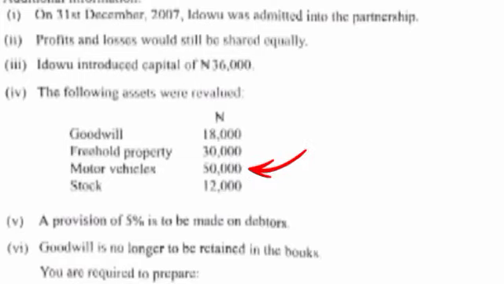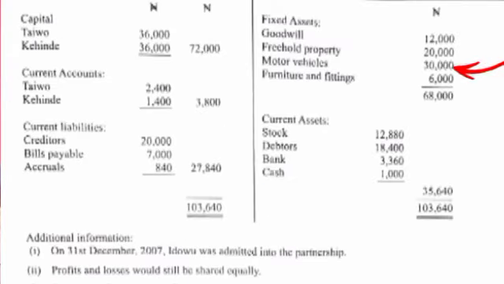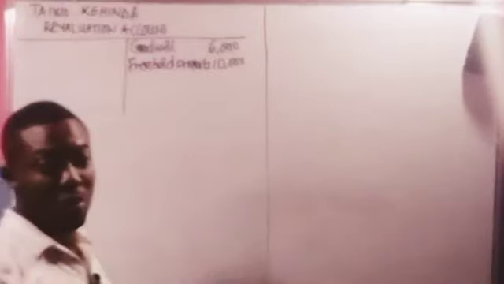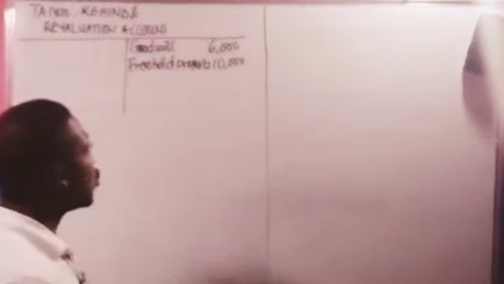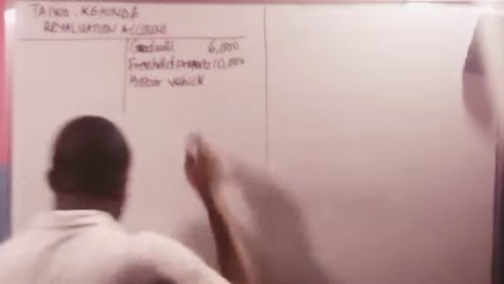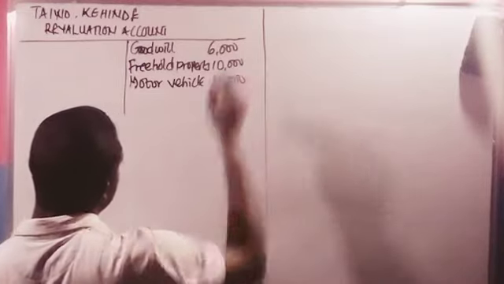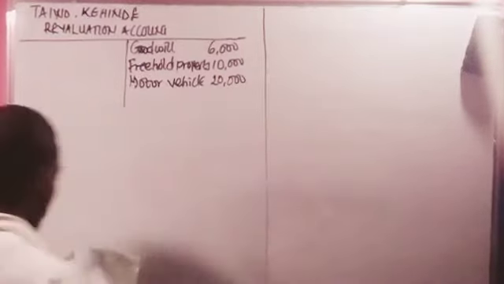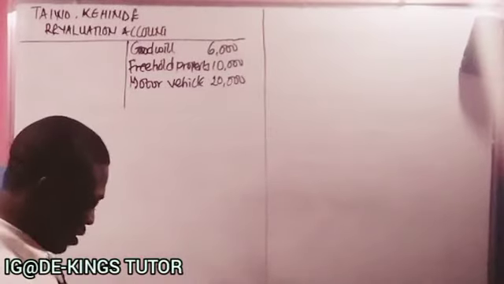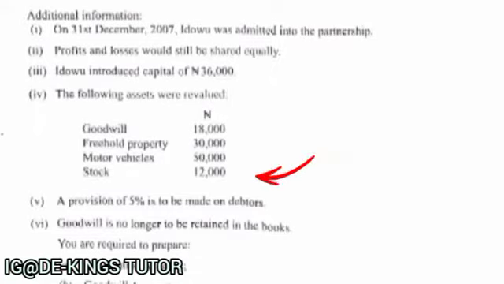The revalued amount is 50,000, while the book value is 30,000. It means it increased from 30,000 to what? To 50,000. So we'll have motor vehicle as what? 20,000.